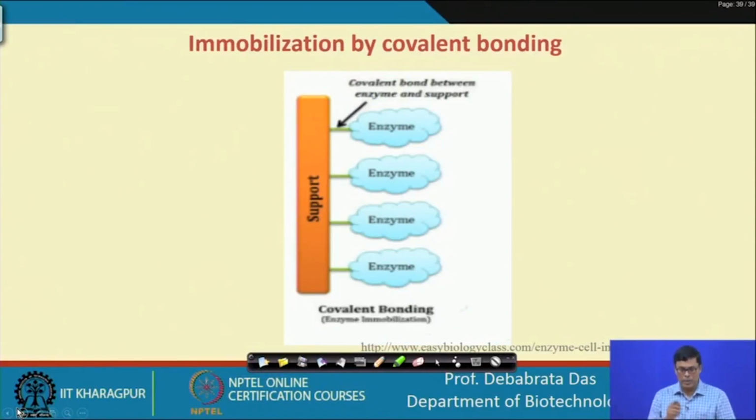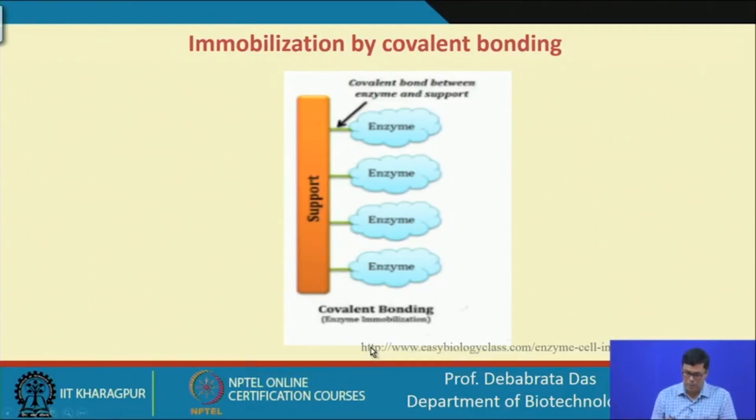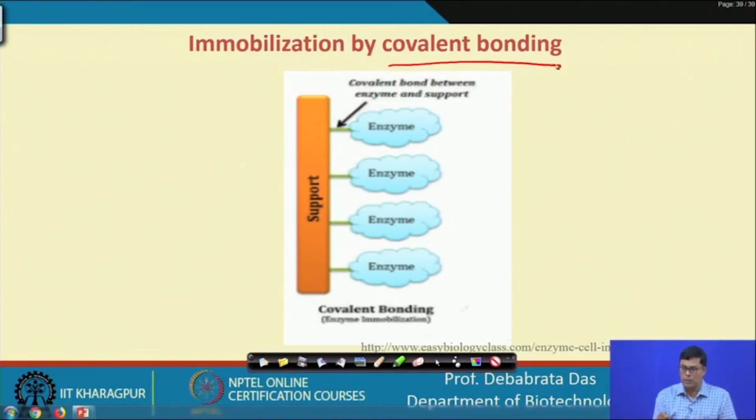So this is a very simple technique, but the problem is that the bonding between the solid matrix and the enzymes is very weak. But the strongest bonding that we have is covalent bonding. You see that there is a bond between the support material and the enzymes, and this is electron sharing, and due to sharing of electrons, it holds the enzyme very tightly.